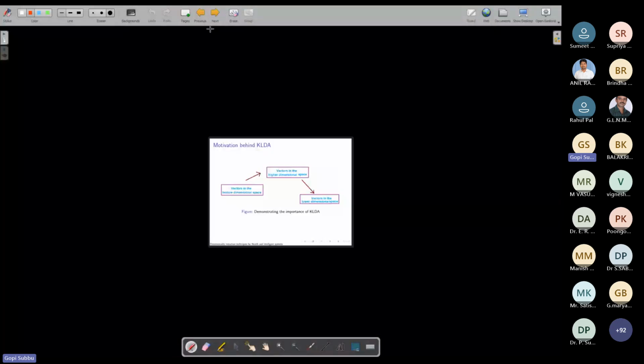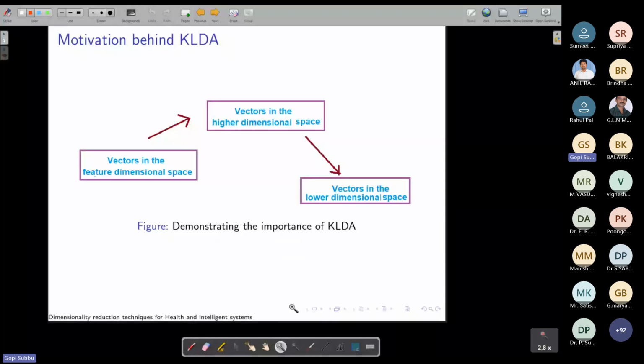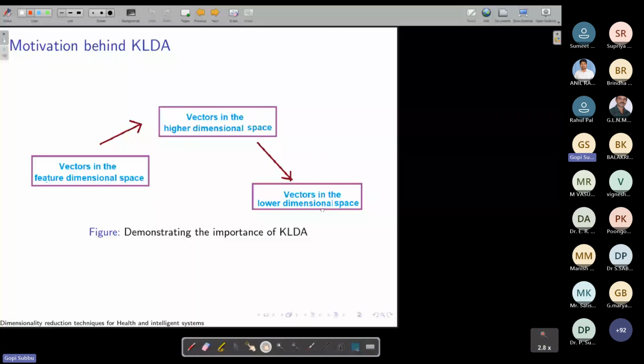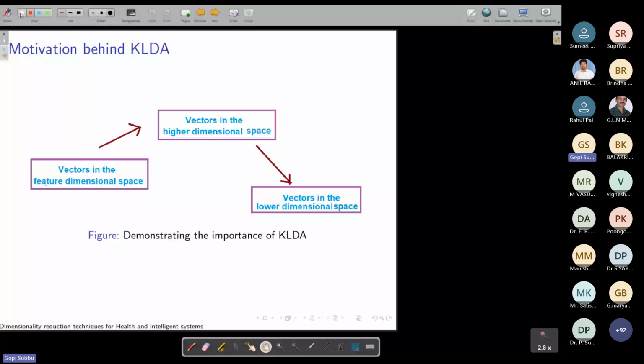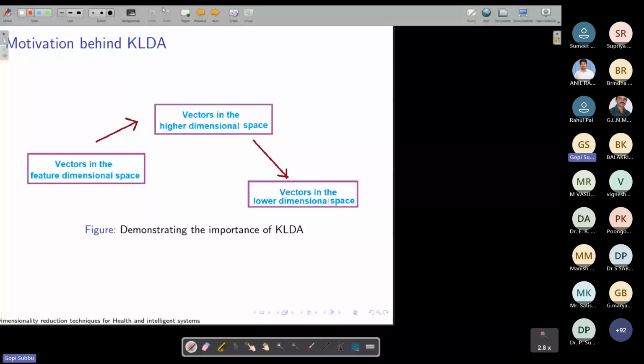Now we are moving to another technique called KLDA. This is the most important and slightly complicated one, but we'll discuss it in detail. Now we understood what projection is: we need to find the direction in which to project the data, so that after projection we achieve the requirement. For example, in PCA, the requirement is that after projection the variance should be maximized.